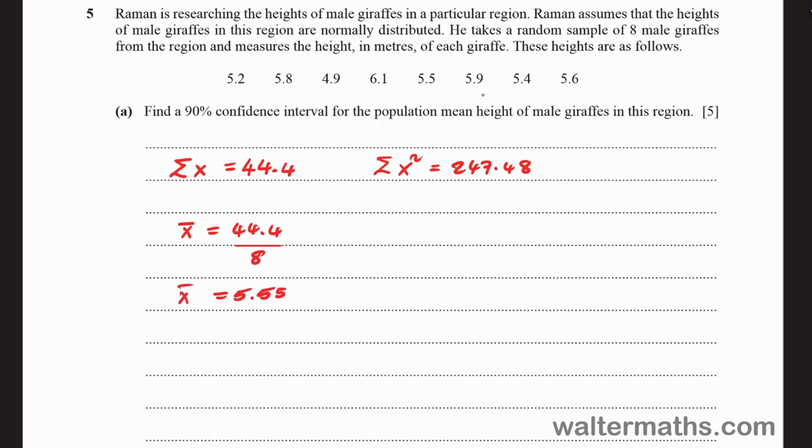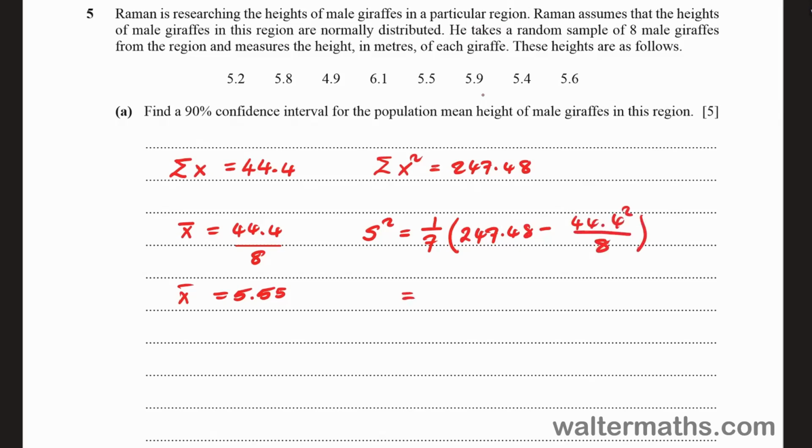We also need to calculate the unbiased estimate for the population variance, which is 1 over 8 minus 1, that's 7, times the sum of squares, which is 247.48 minus 44.4 squared over 8.